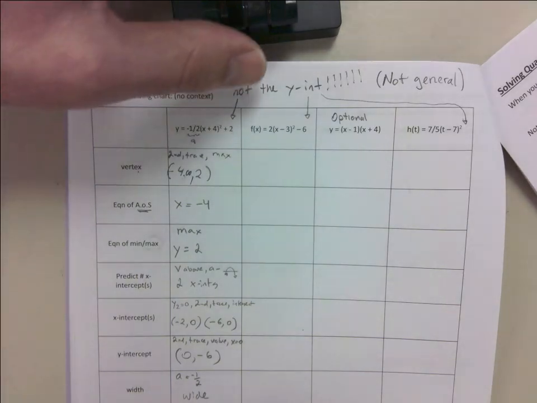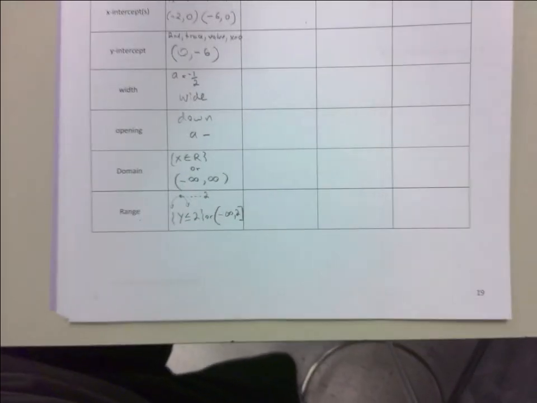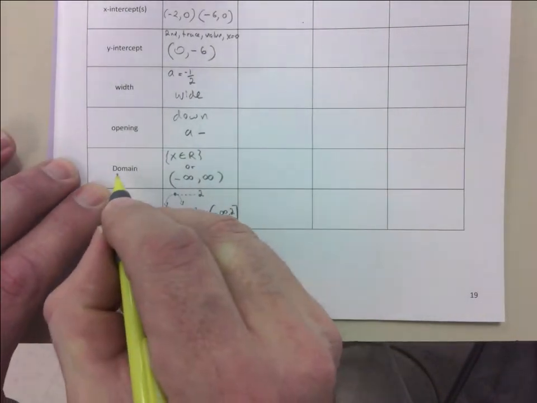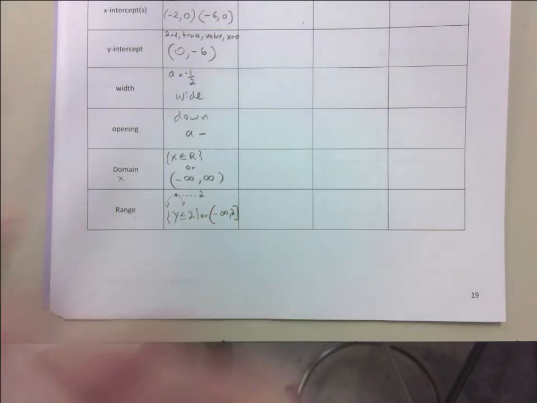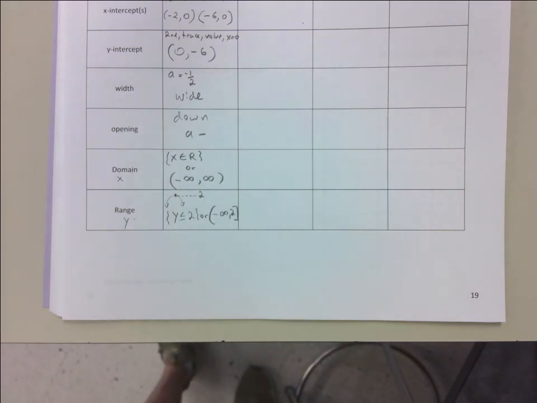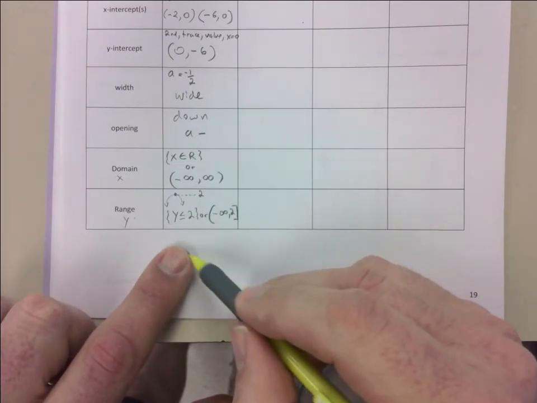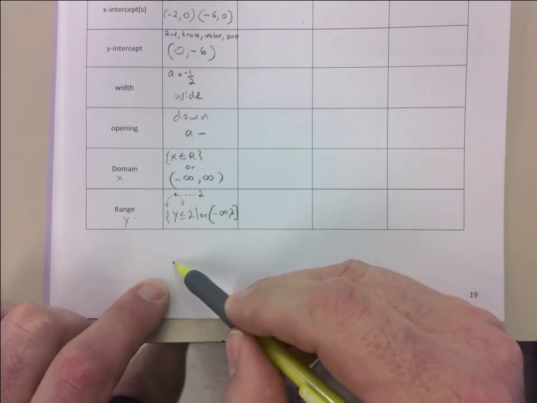Let's talk about domain and range real quick here. First of all, just a reminder, domain, we're looking at x values, like which x values are allowed in this situation. The range is my y values. What y values are allowed in this situation? Okay, so let's just look at this first one. We know that A is negative.